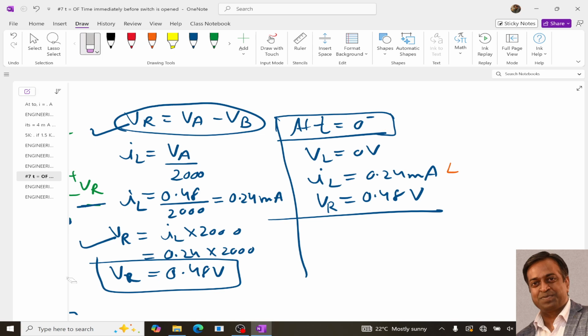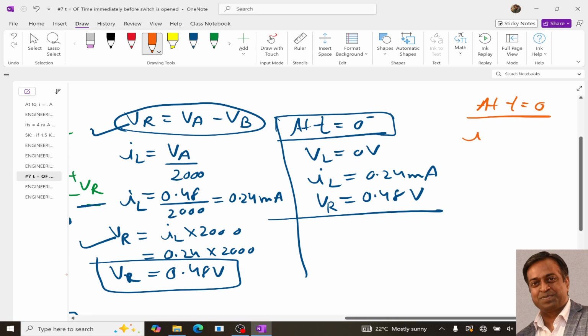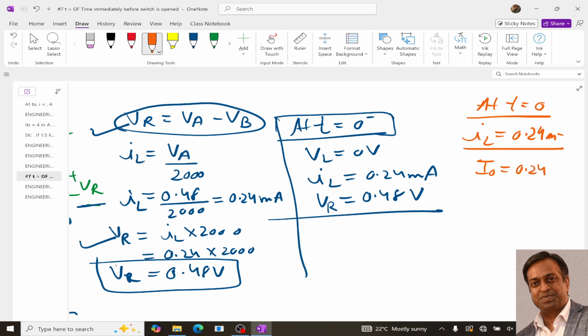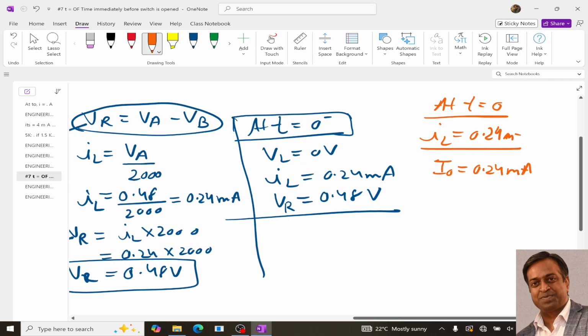So at t equals 0 also, IL will be 0.24 milliampere. So this is our I naught. Our I naught is 0.24 milliamperes, right?